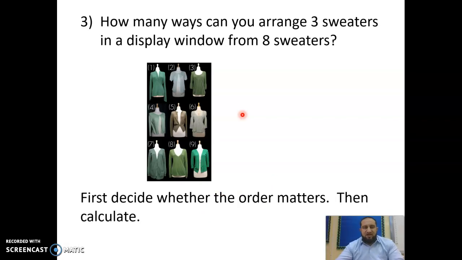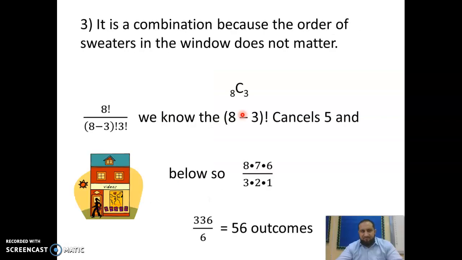Okay, try this one. How many ways can you arrange 3 sweaters in a display window from 8 sweaters? Again, first you decide whether the order matters or not, then you calculate. So what do you think? Okay, it is a combination because the order of sweaters in the window does not matter.